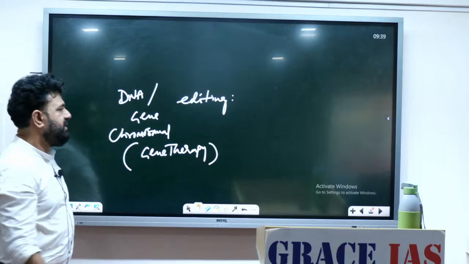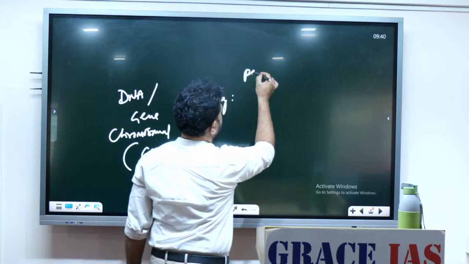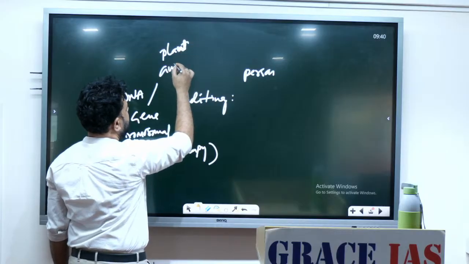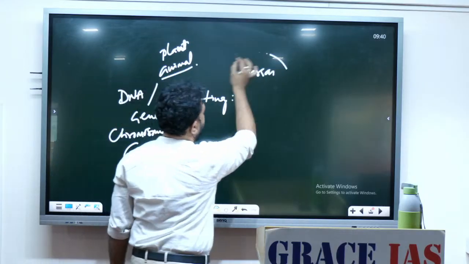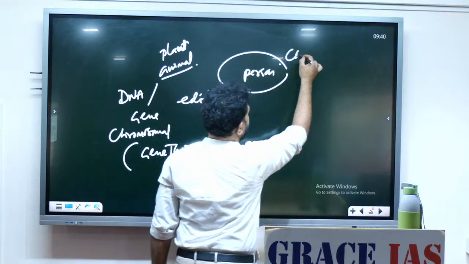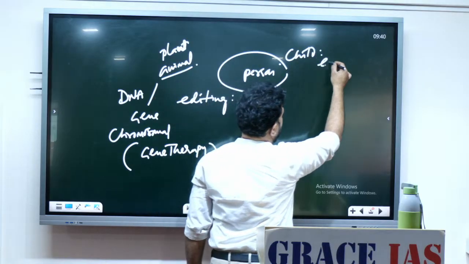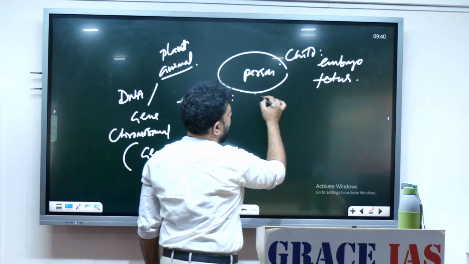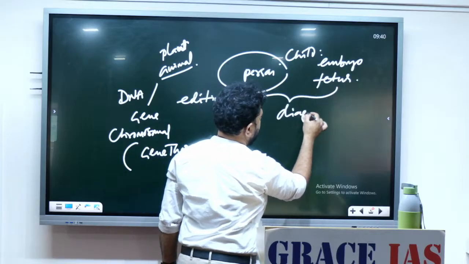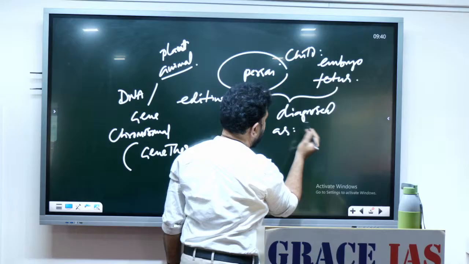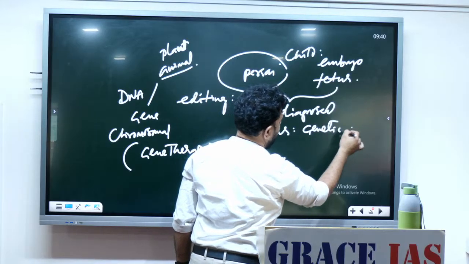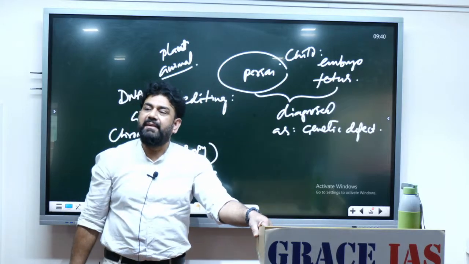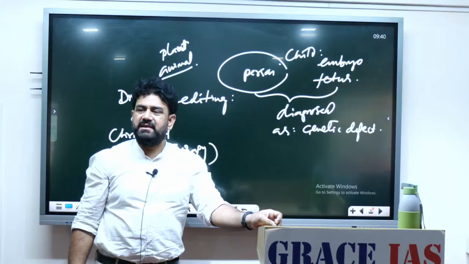Gene therapy. Just understand this: if a person, not necessarily a person, it could be a plant or an animal also, but largely we use it for human beings. If a person or a child or an embryo or a fetus is diagnosed as having a genetic defect, we use a lot of terminologies like chromosomal aberrations, genetic disorders, genetic defects.